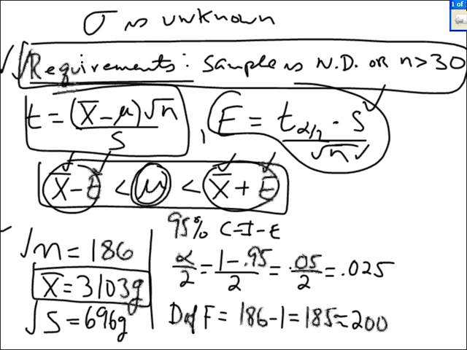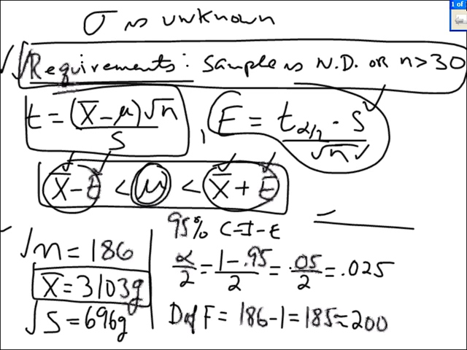So you go to 200, and what you want to do at that point is decide which top number to use. Since we're doing the area in a two-tailed test, we want a 95% confidence interval.